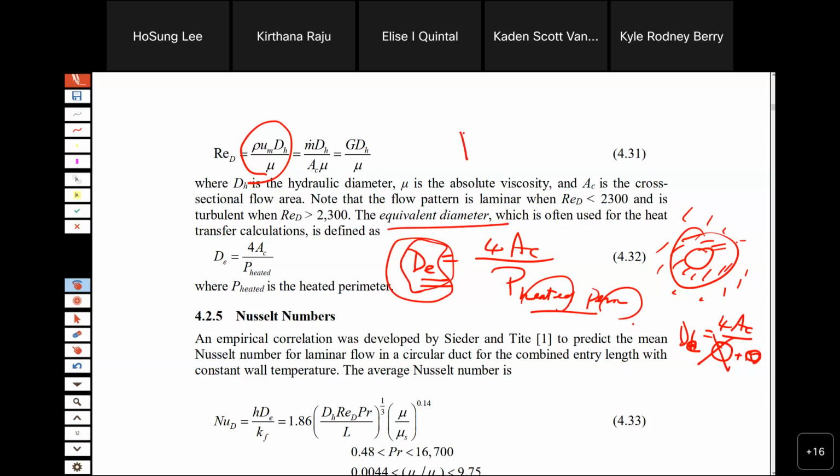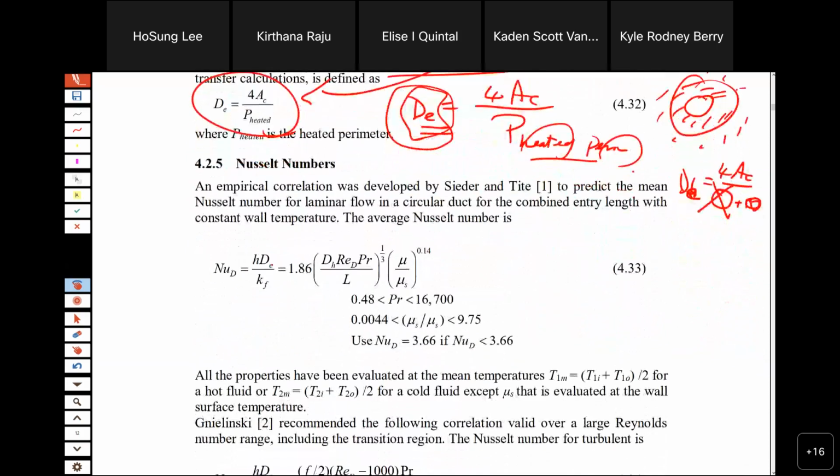So there are two, hydraulic and equivalent, and then you have to use the definition. Equivalent. Hydraulic is a hydraulic. For example, Nusselt number, laminar flow, they use equivalent. Then you have to use equivalent.